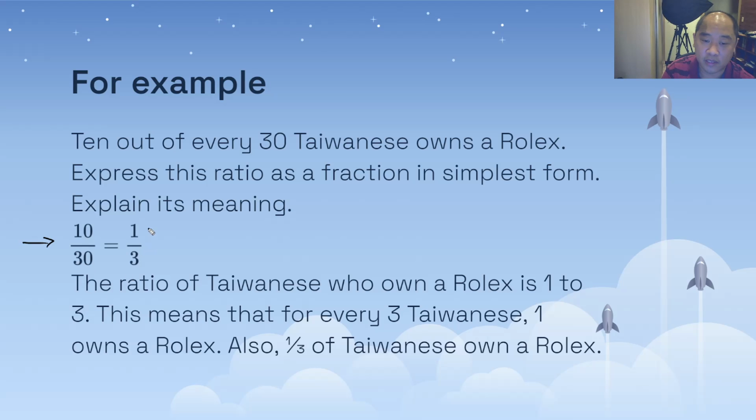So you would write it as 1 over 3. The ratio of Taiwanese who own a Rolex is 1 to 3. This means that for every 3 Taiwanese, 1 owns a Rolex. Also, 1/3 of Taiwanese own a Rolex. This is the explanation. So you would need to write something like this if I were to ask you to explain.